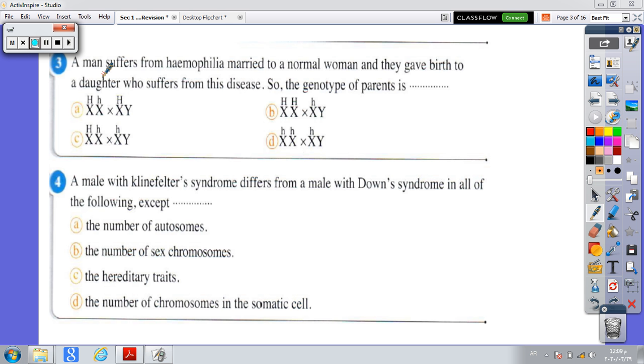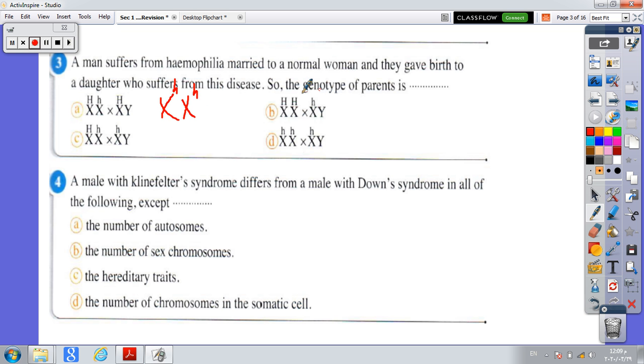Number 3. When a man suffers from hemophilia is married to a normal woman, and they give birth to a daughter who suffers from this disease, so the daughter will suffer from hemophilia. So its chromosome will be what? X, and suffering from hemophilia, so it will be H small, carrying H small, XH small XH small.